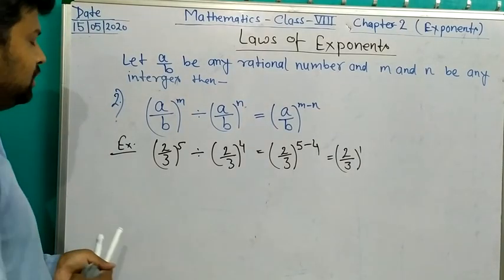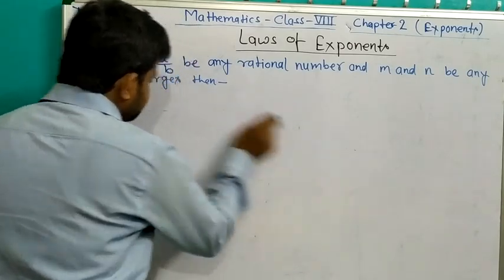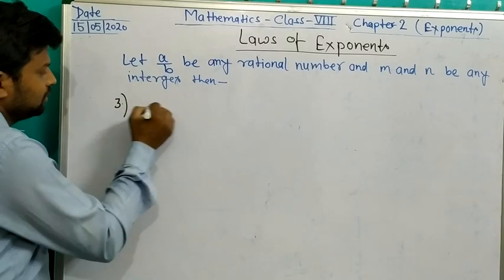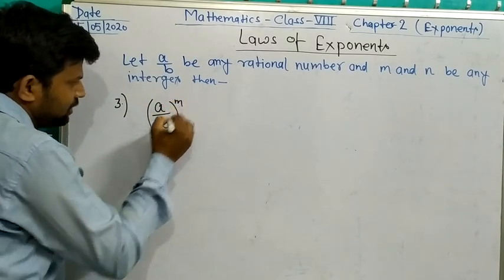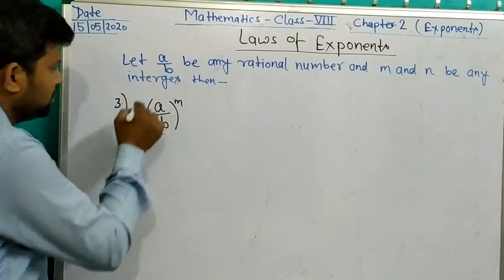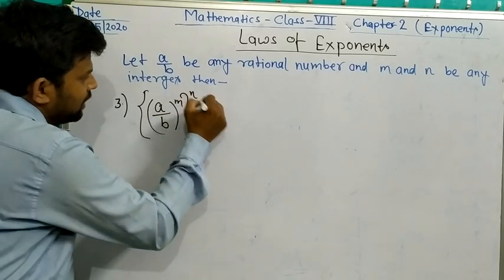Okay. Now see the third property. The third property is ((a/b)^m)^n.